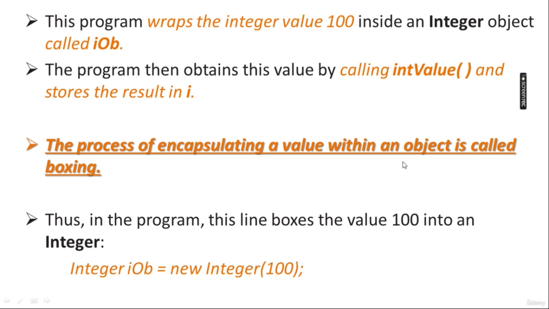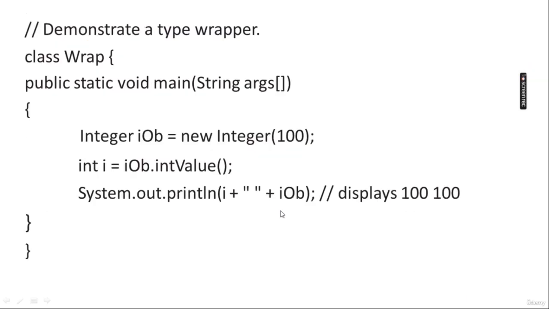The process of encapsulating the value within an object is called boxing. This value, my simple value, I can declare as int i = 100. The same value I am putting into an object of the wrapper class Integer. This process is called boxing.